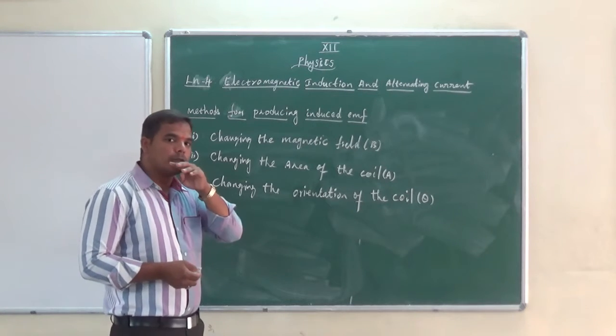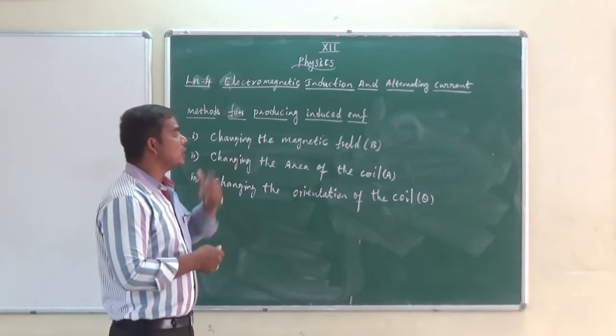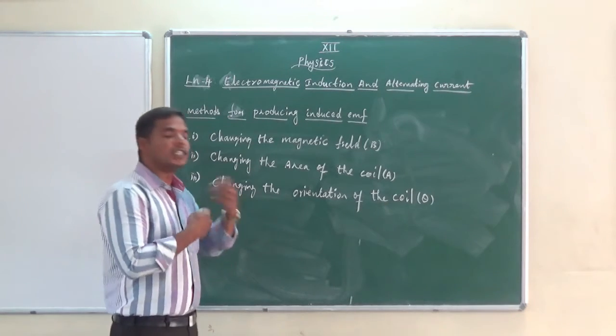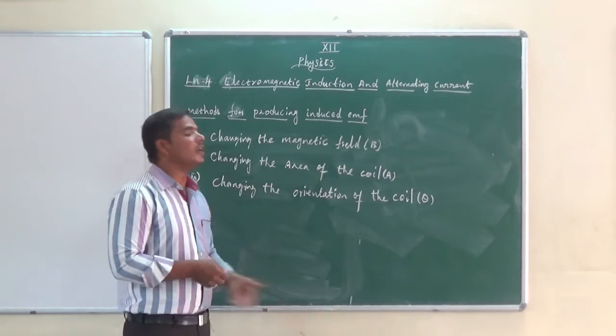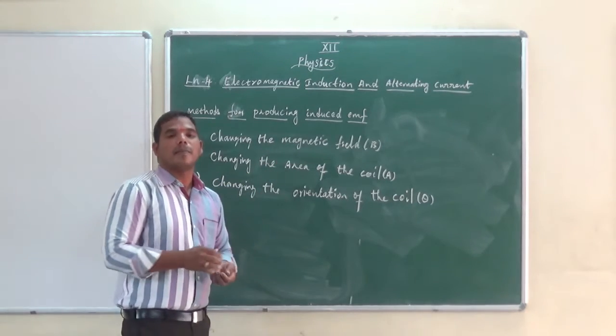Now we are going to discuss one by one how the induced EMF is produced when changing the magnetic induction, the area of the coil, and the orientation of the coil. First we will discuss changing the magnetic field.